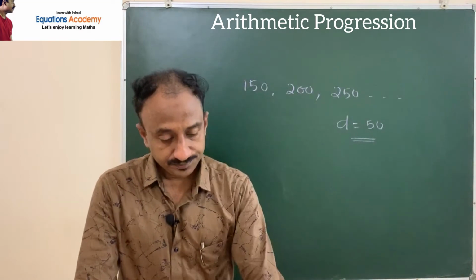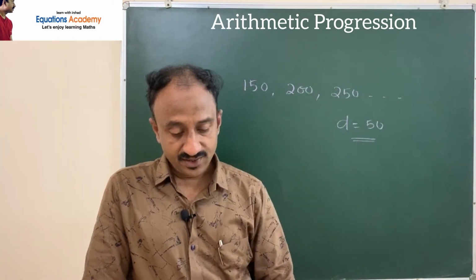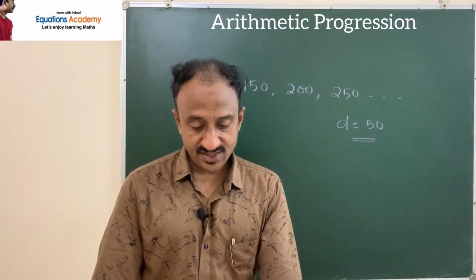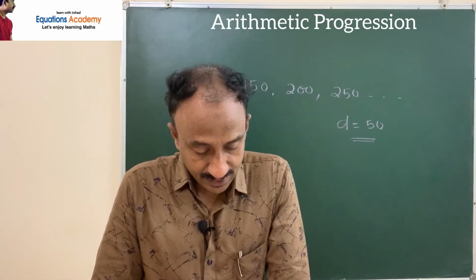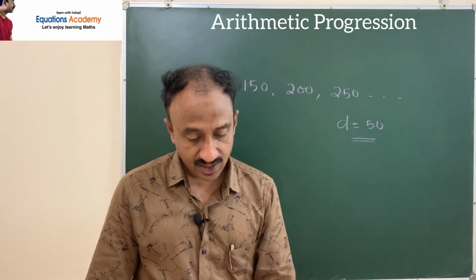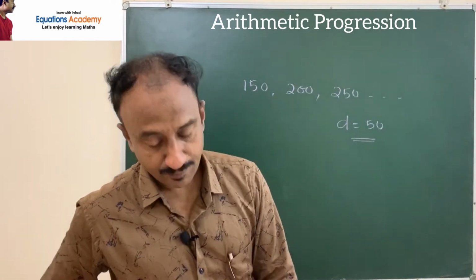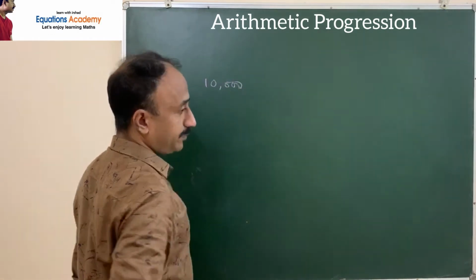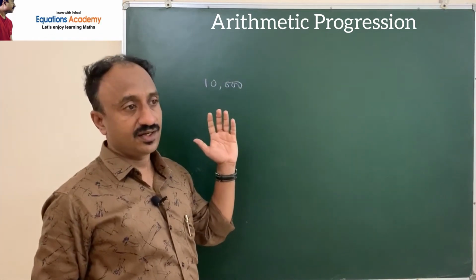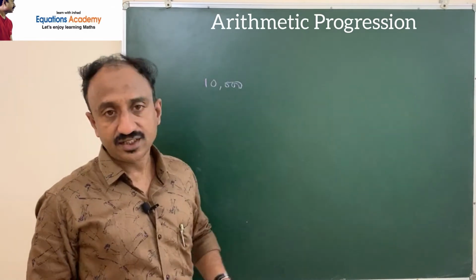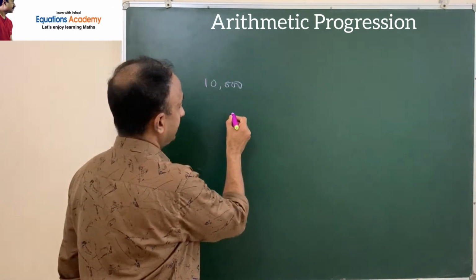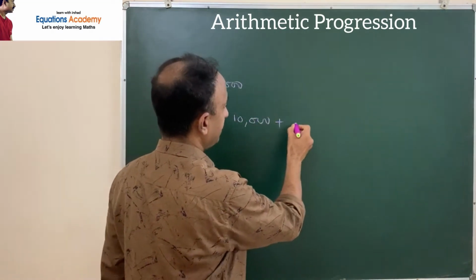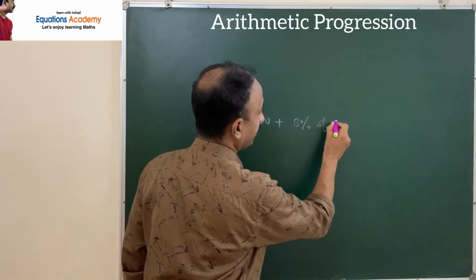Next question is the amount of money in the account every year when rupees 10,000 is deposited at compound interest at 8% per annum. So 10,000 deposited. After 1 year he will get 10,000 plus 8% of 10,000.